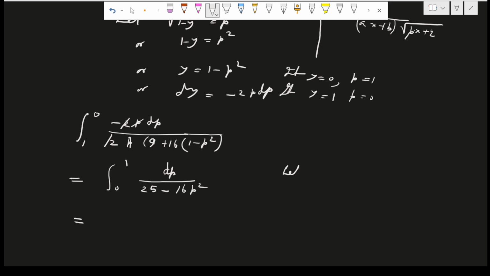So let 4p be equal to q. If p is equal to 0, q is equal to 0; if p is equal to 1, q is equal to 4. And dp is equal to dq by 4.